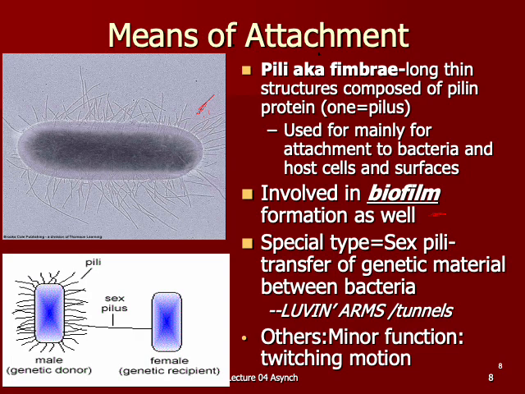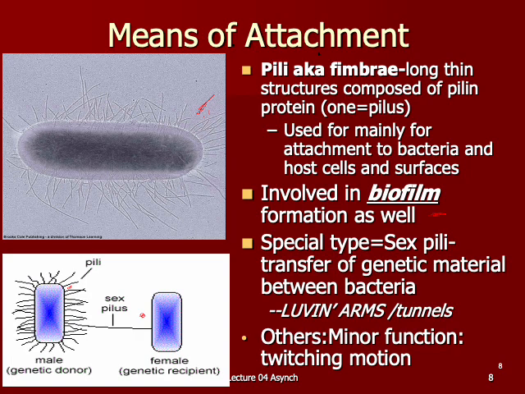Now, one special type of pilus, one pilus, many pili, used for attachment but for a special reason, is called the sex pilus. It's shown here. There's one sex pilus between one bacterium and another.